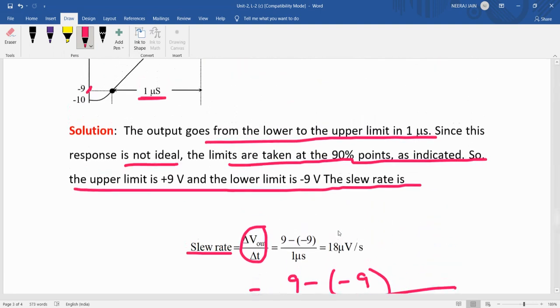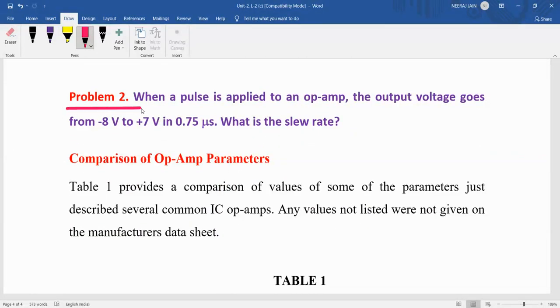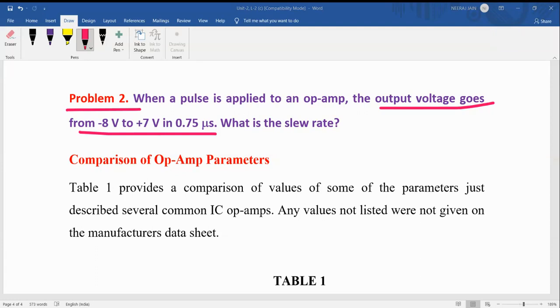Now we can see, when a pulse is applied to an op-amp, the output voltage goes from minus 8 to plus 7 volt in 0.75 microsecond. What is the slew rate?